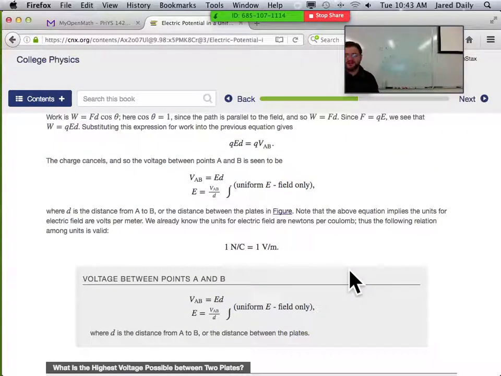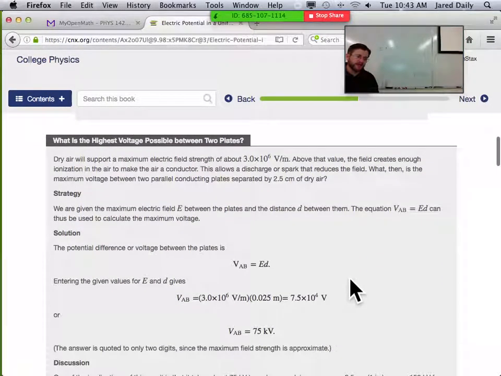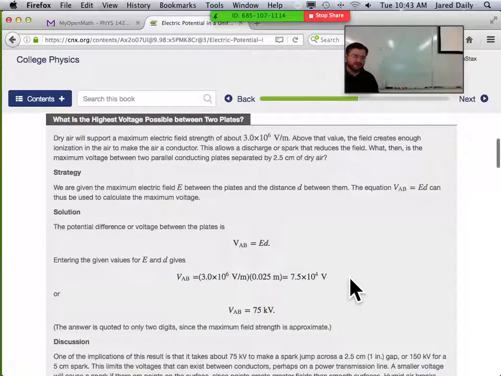And all this theory is kind of confusing, I admit. But let's do another example to show that applying it's not really all that difficult. In this example, we have an electric field in dry air, which is as strong as it can be. So dry air supports a maximum electric field of 3 times 10 to the 6 volts per meter.